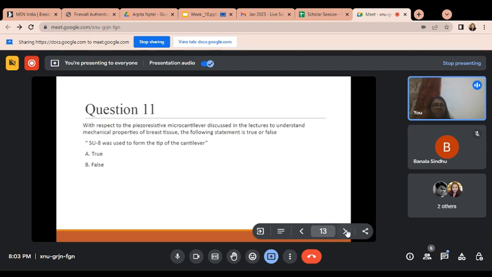And question number 11 is, with respect to the piezoresistive microcantilever discussed in the lecture to understand the mechanical property of the breast tissue, the following statement is true or false. SU8 was used to form the tip of the cantilever. So is it true or false?